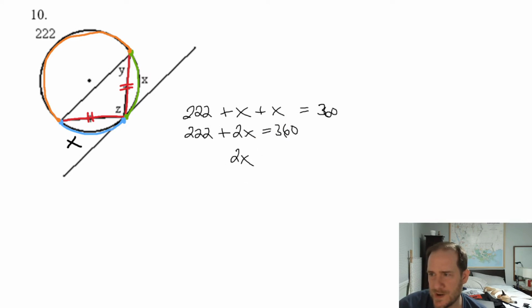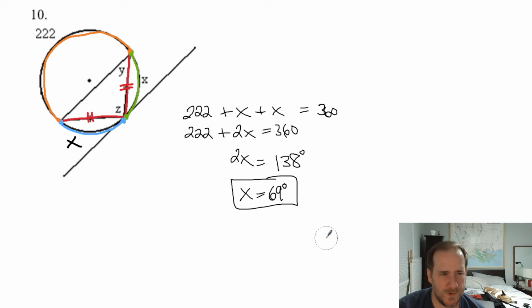So 2x, if I subtract the 222, leaves me with 138. Yeah, that seems right. Then you can just divide by 2, and you'll find that x is 69. So what are we solving for? X, Y, Z?